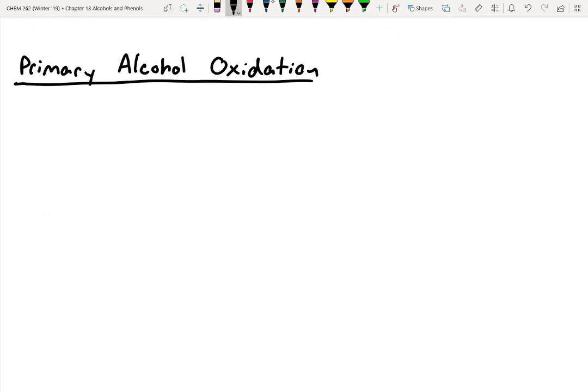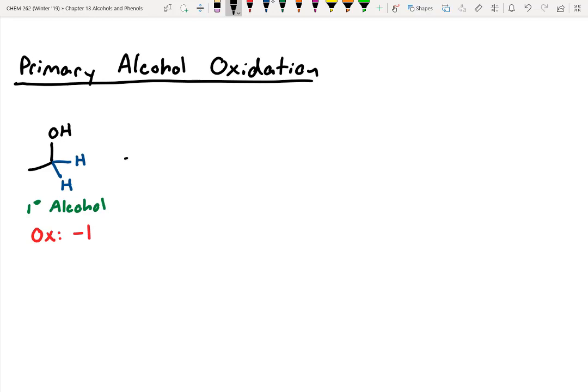All right, so let's say we've got a primary alcohol. Looks like this. We know that a primary alcohol would only be bonded to 1 carbon, so it would have to have 2 hydrogens on the outside. What would the oxidation state be for that central carbon? It'd be -1. So the carbon attached to that alcohol would have an oxidation state of -1.